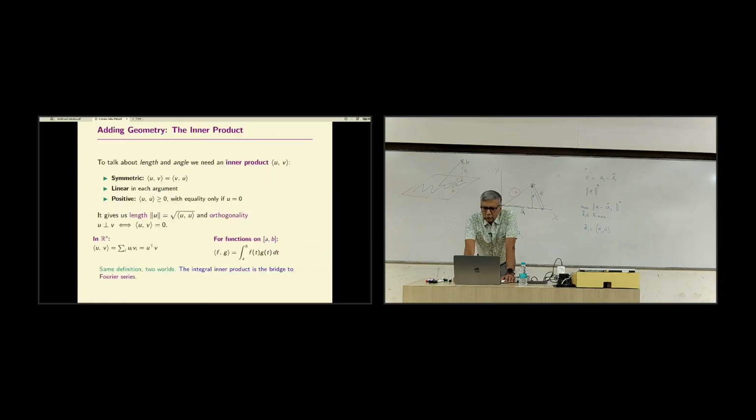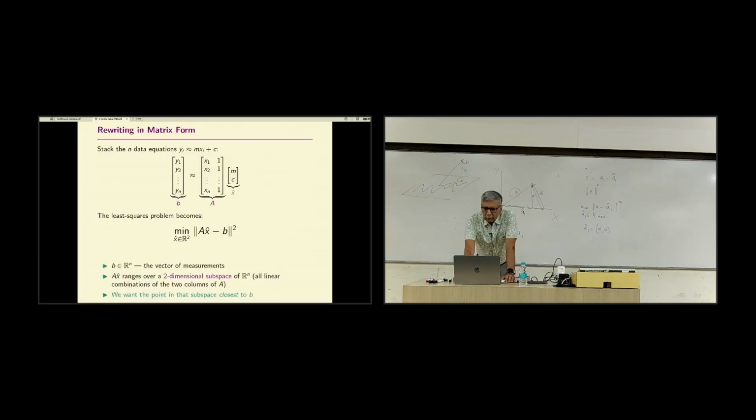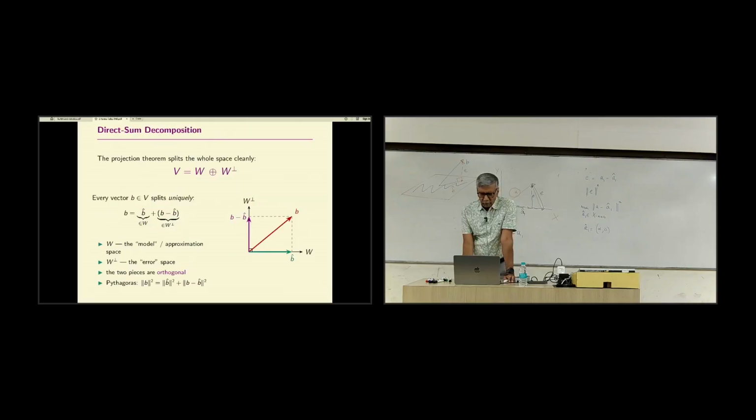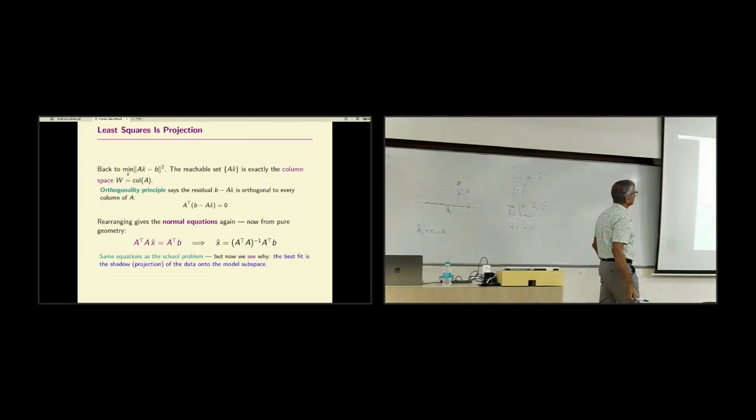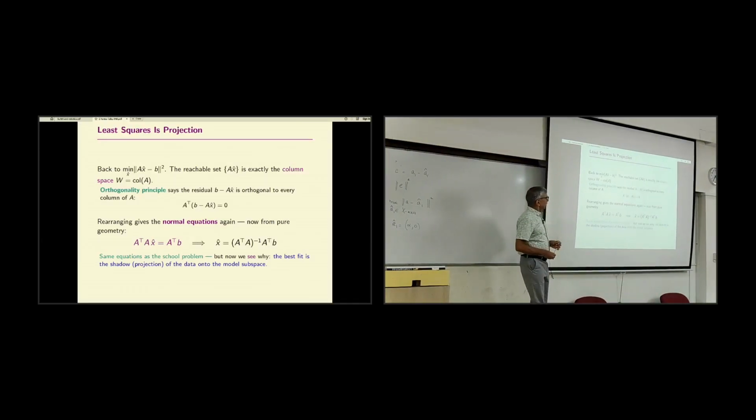Okay, some more. Let's go back. Remember I set up a problem here. Try to recall this problem. Now if you have solved this problem using some other mathematical argument, what does the orthogonality principle say?